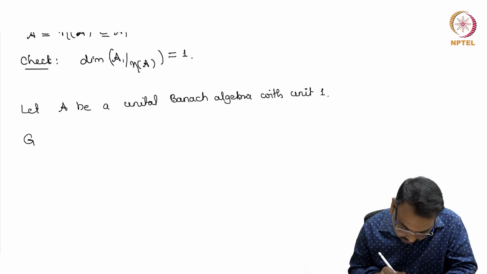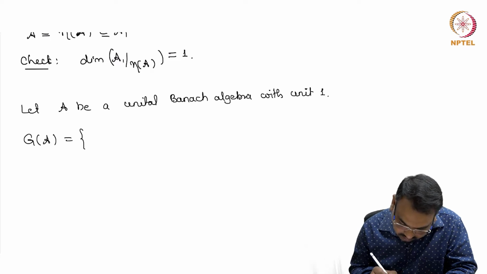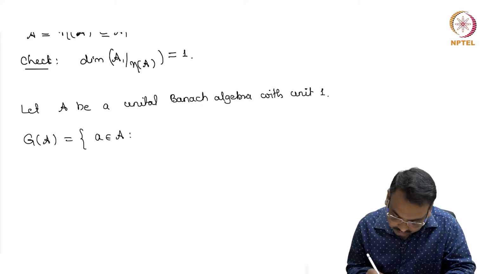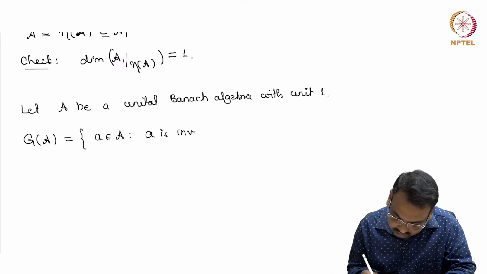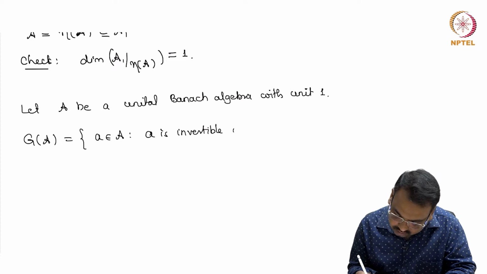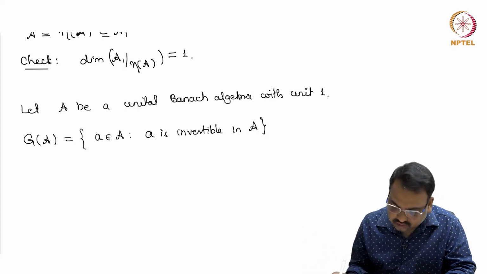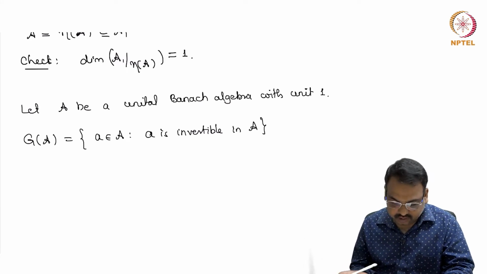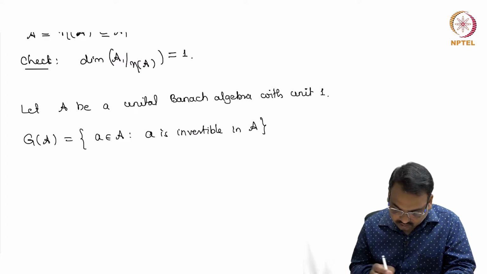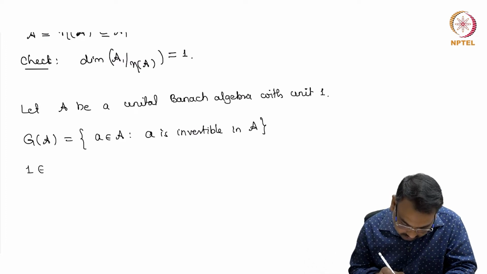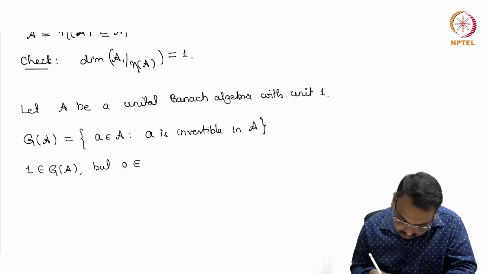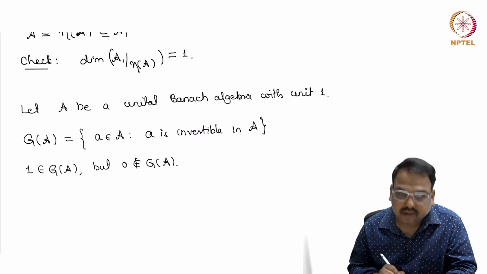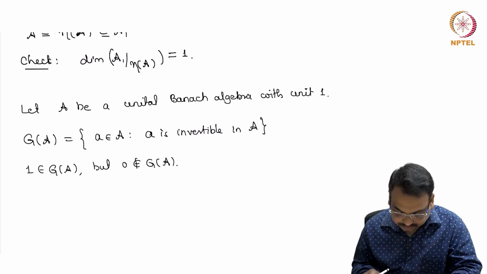So we define GA as the set of all A in A such that A is invertible in A. That means there exists a B such that AB equals BA equals 1. Now we can easily check that 1 is always inside GA, but 0 cannot be inside GA. So GA is a non-empty set.